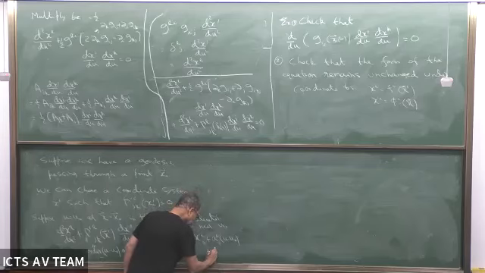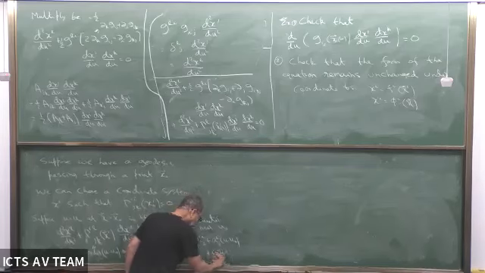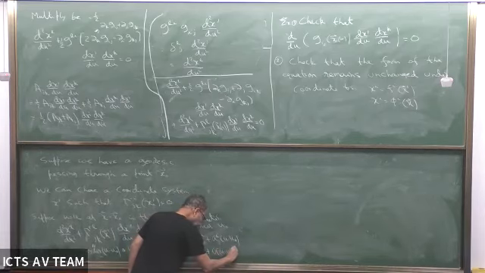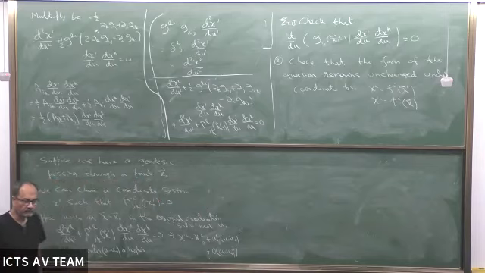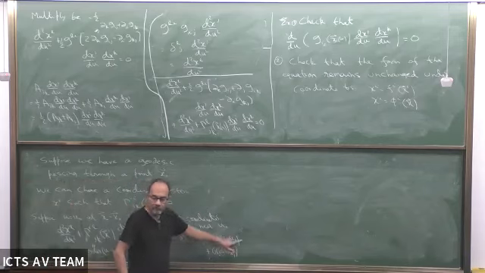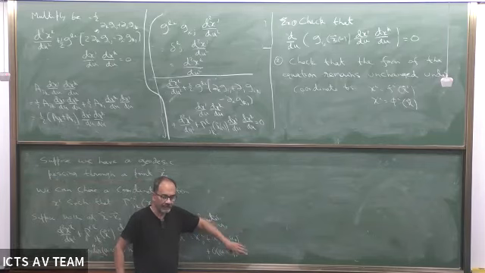But the claim is that this should be of order u minus u naught cube. Okay, let's see why. Normally, you would expect the Taylor series expansion contains a u minus u naught square term, right?